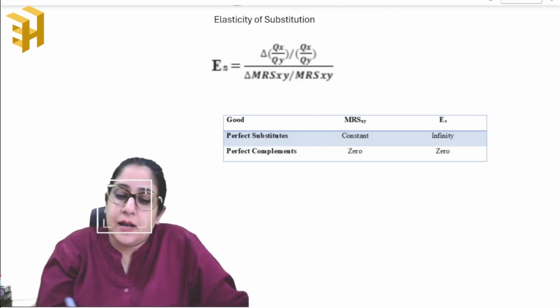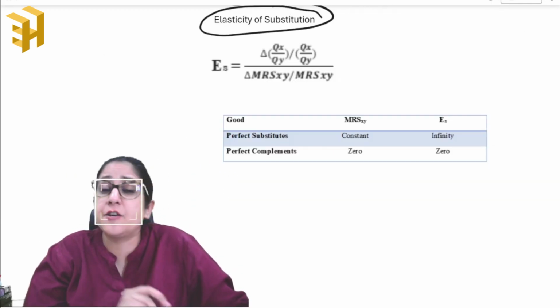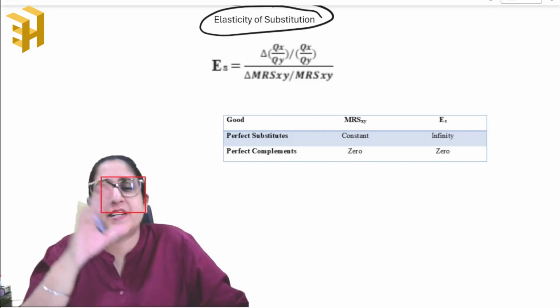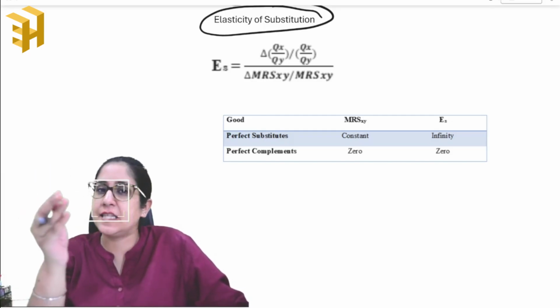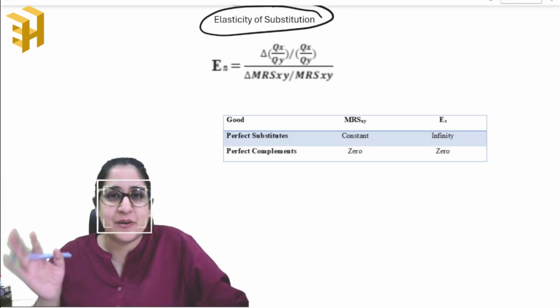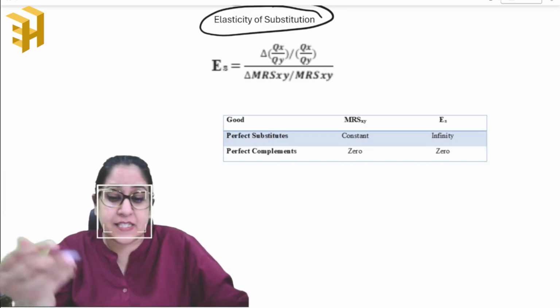Last, we have the elasticity of substitution. Let me give you a technical definition first, and then we'll explain it in easier terms later. So please write down the technical definition.